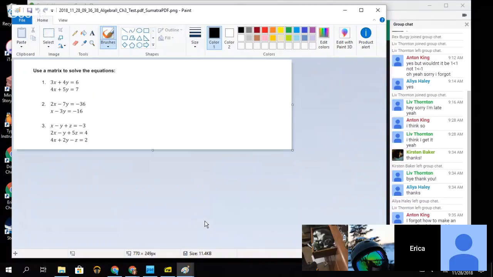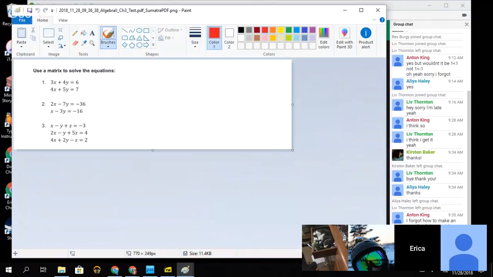I'm just getting a different example, because I don't want to do one that's on your test, but I want to do one that's really, really similar to your test. So it's the same idea, just different numbers.